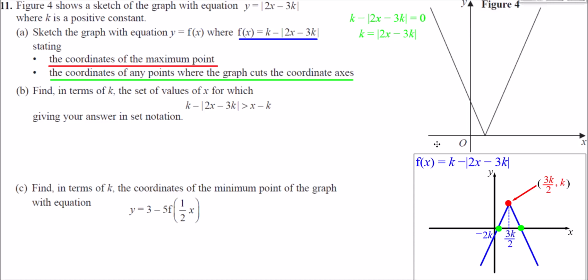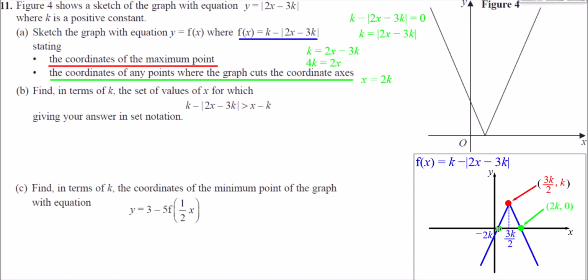If I'm looking at this side of the graph, then 2x is going to be bigger than 3k, so what's inside the modulus will be positive. So k will just be 2x minus 3k, because if 2x is bigger than 3k, the mod of this is just itself. If I now add 3k to both sides, I get 4k equals 2x, then dividing by 2, x equals 2k. So this point here is where x is 2k and y is equal to 0.